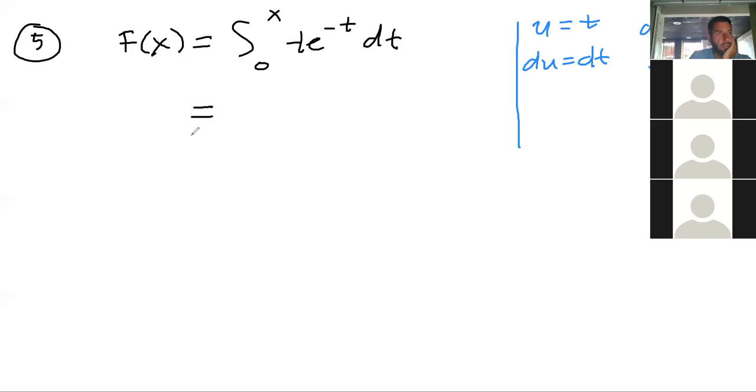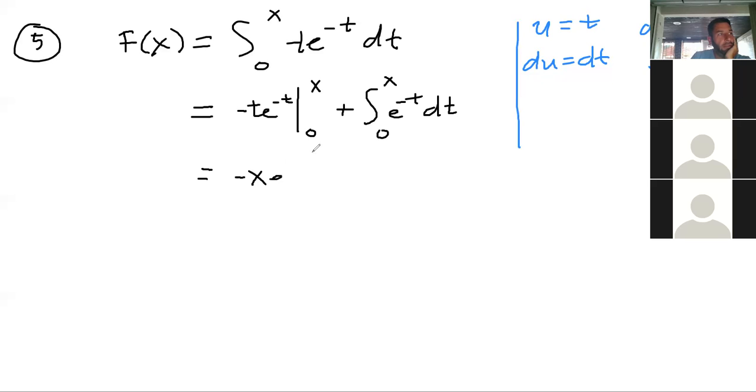So if you do this, you get uv, so it's minus t e to the negative t from 0 to x, and then it's minus the integral 0 to x of negative e to the negative t, so it's just this. Now, when you plug in the upper bound here, you get negative x e to the negative x, and then when you plug in 0, you get 0, so that's minus 0.